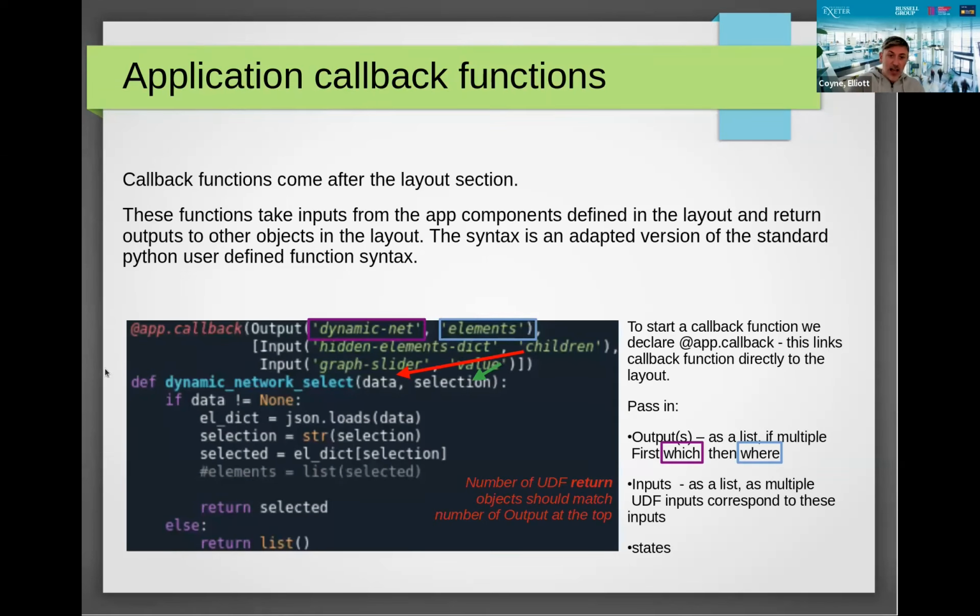And so we can see here that the inputs are going to originate from the hidden elements dictionary container and the child of that, which will provide the data, and then the slider, the graph slider object, and whatever value that lands on.